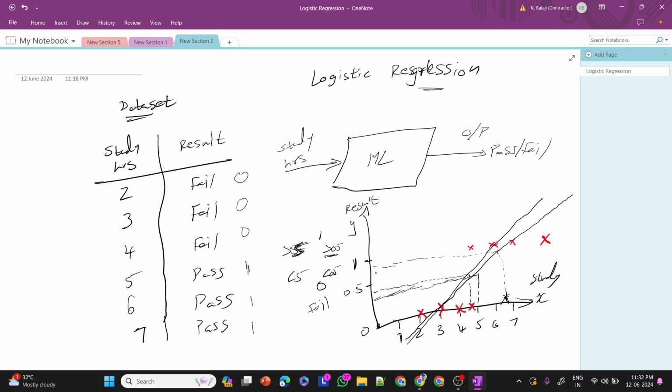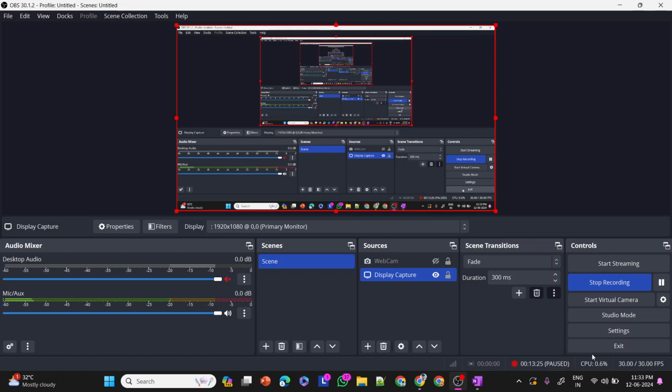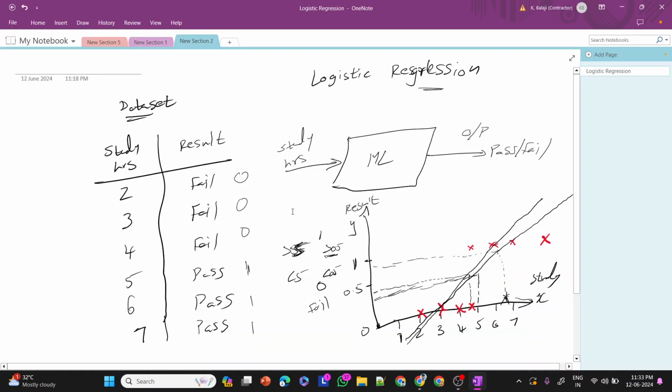In logistic regression, for example, this line is extending above 1 and extending below 0, but we need the output to be between 0 and 1.